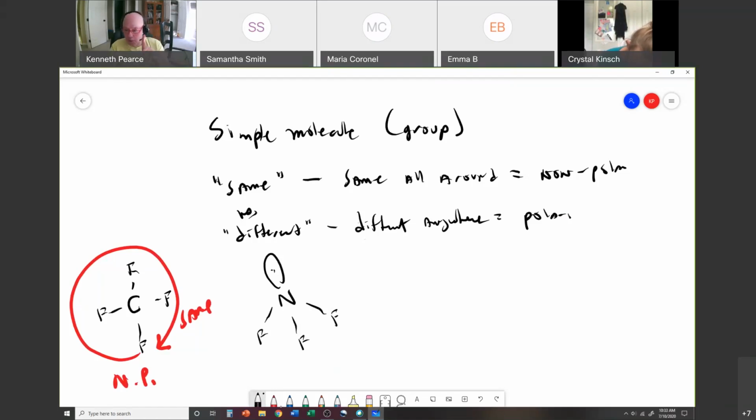And by the way, lone pairs are not the same as fluorines. And we would say different. And we would say this is polar. It's different.